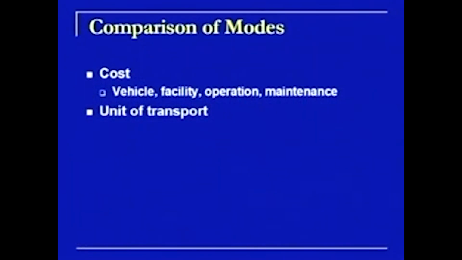Another aspect by which we have to compare the modes is the unit of transport. When we talk about the unit of transport, it has to be taken up in terms of different units, like the single unit, the multiple unit system, or the continuous system. The single unit system is a system where only one unit is moving along with either the passengers or the freight or both.